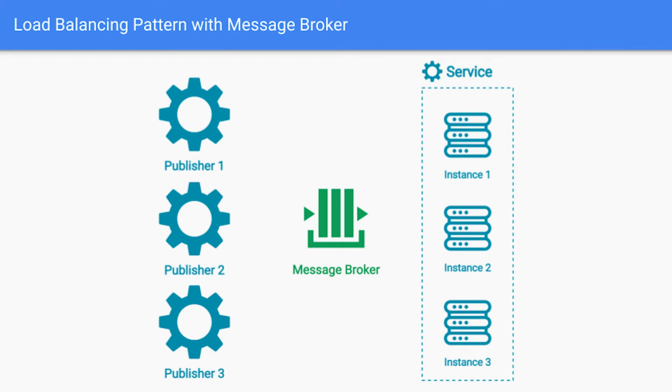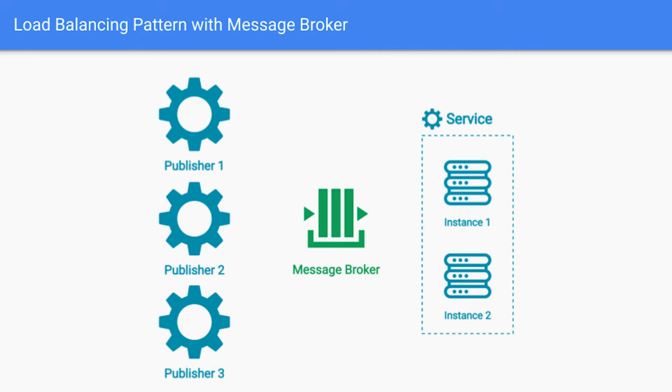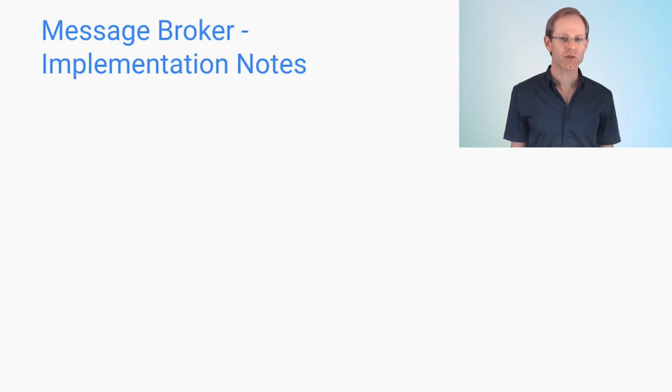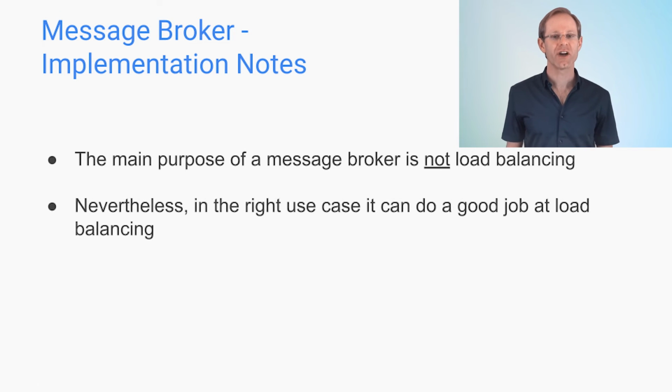Similarly to the load balancer, depending on the volume of messages, we can scale those consumer instances up and down as we need to, so we can keep up with the rate of incoming messages. It's important to note that the main purpose of a message broker is not load balancing, but in the right use case, it can do a very good job at balancing a high load of messages to a particular service.